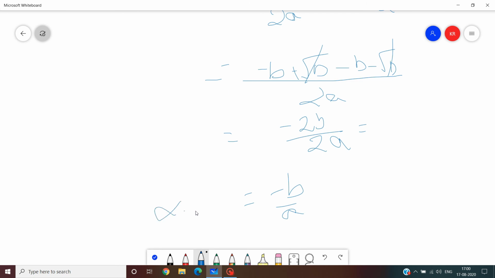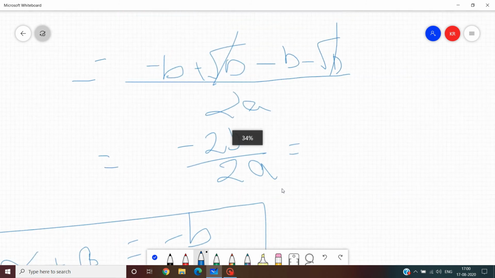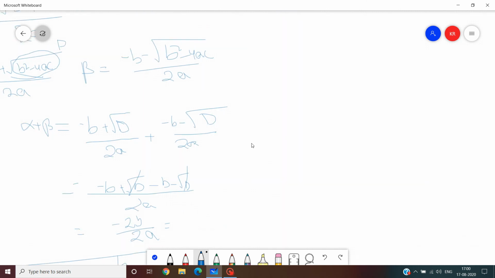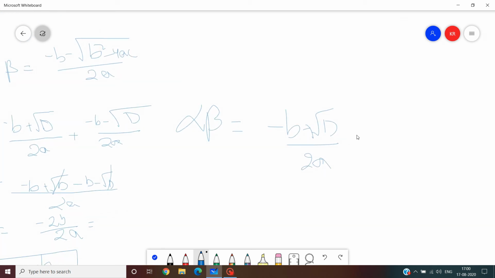So alpha plus beta goes to minus b by a. So let's do another math operation also. Alpha beta is equal to minus b plus root capital D by 2a into minus b minus root capital D by 2a.